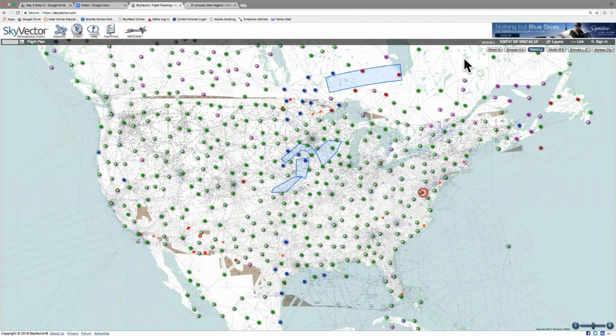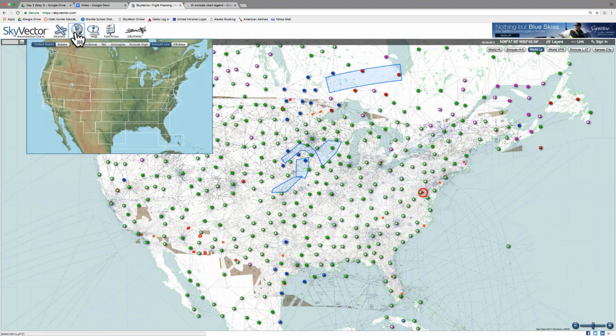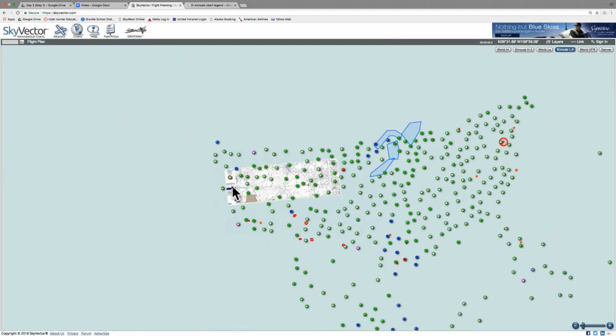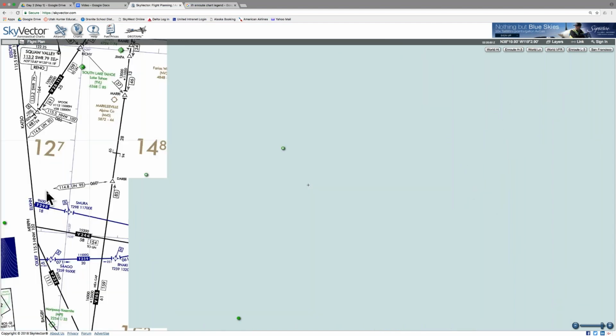SkyVector doesn't have them easily available, but you can pull them up through the charts here. If you just click on an area, you can zoom in here.